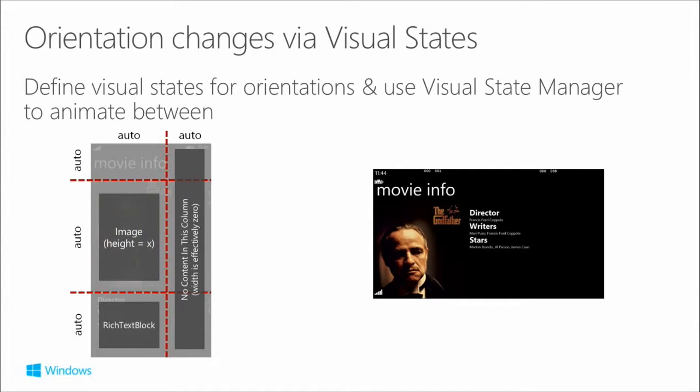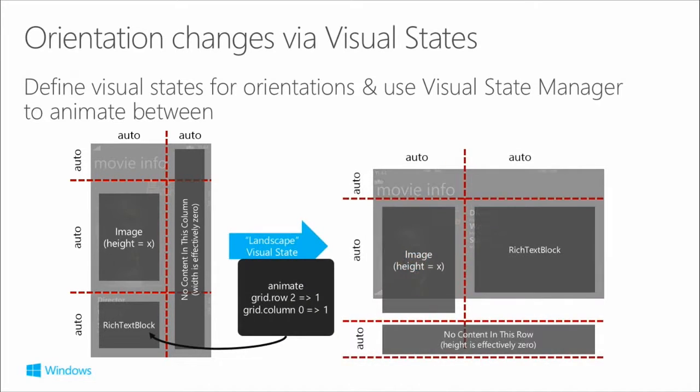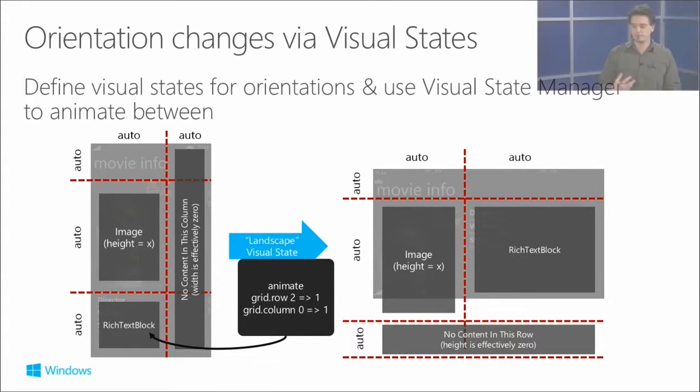You see, in this example, what we have is an image inside of an auto grid and a text block inside of an auto grid, and we have a grid that is set up so that it works with both systems. It's a 2 across, 3 down, and we simply change the Grid.Row and the Grid.Column properties of our rich text block to move it from one place to another, depending on which orientation we're in.